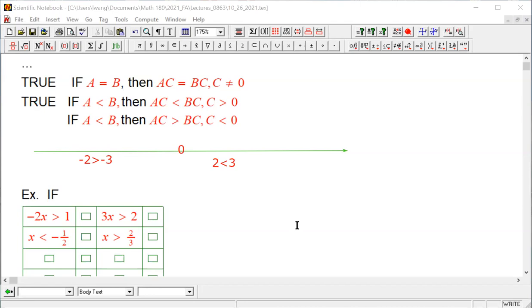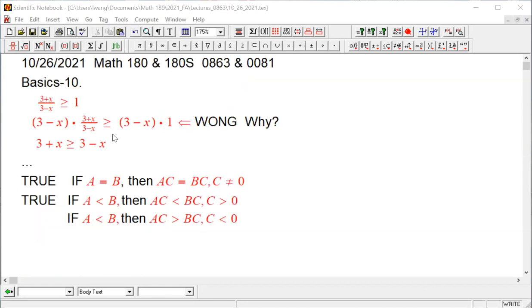Okay, so now let's go back to our original question. We know that x cannot be 3 for sure. We can guarantee that because the domain requirement will make it happen. But we don't know if 3 minus x is positive or negative, right?